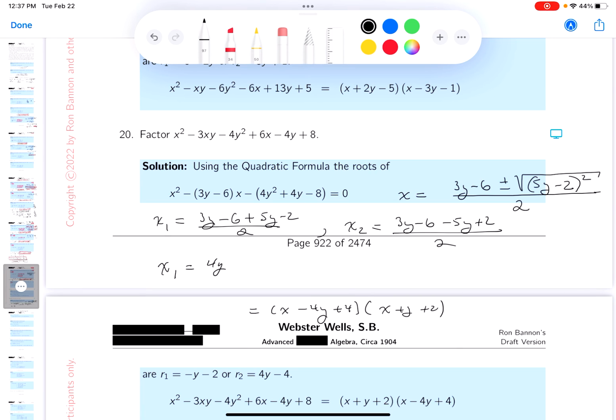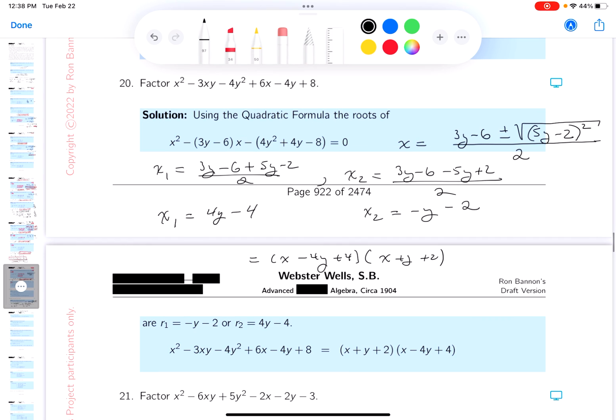I'm just adding them together. 3y and 5y is 8y divided by 2 is 4y. Minus 6 minus 2 is minus 8. Divided by 2 is minus 4. All right, let's keep going. Let's get x2 down. 3y minus 5y is minus 2y. Divided by 2 is minus y. Minus 6 plus 2 is minus 4. Minus 4 divided by 2 is minus 2.